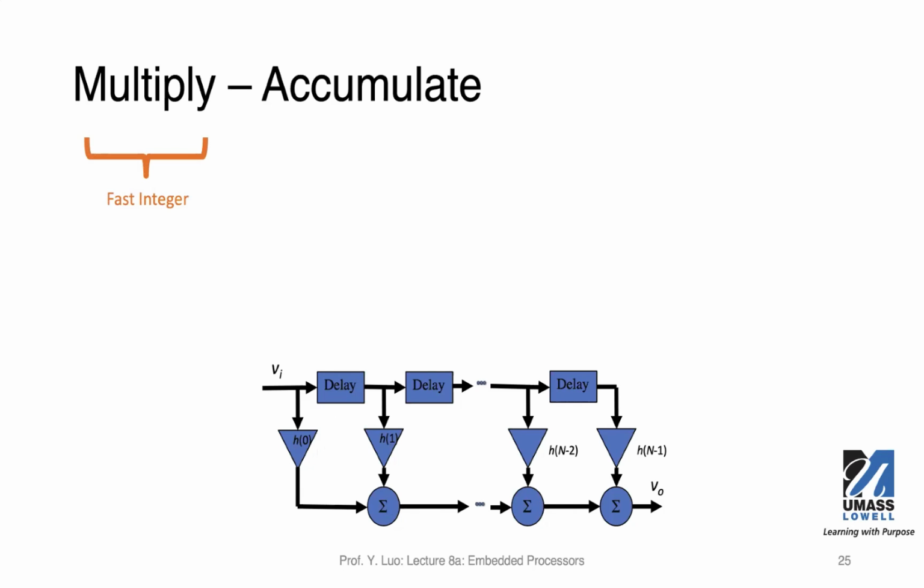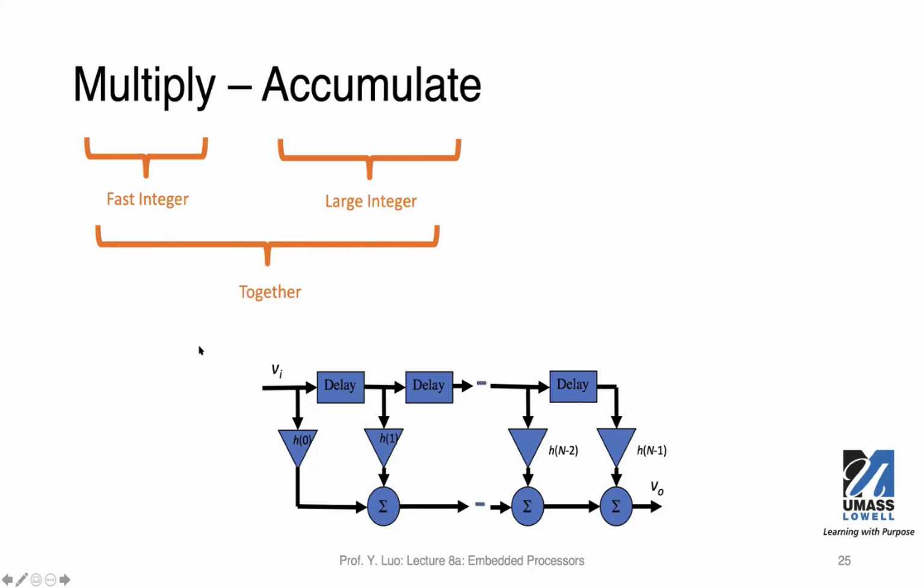So for multiply, we need a very fast integer operator. And also for accumulation, we need large integer adders and accumulators, because the eventual value could be pretty big. And we would like to have both for our design. And that's exactly what we have in digital signal processors, or DSPs, where we have the so-called multiply accumulate operators.